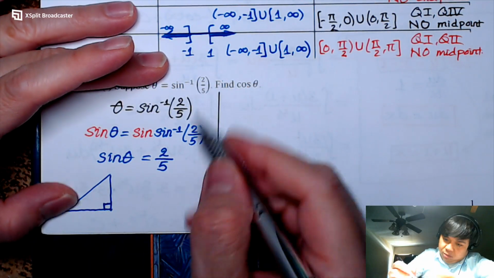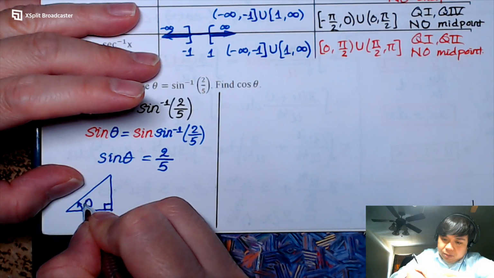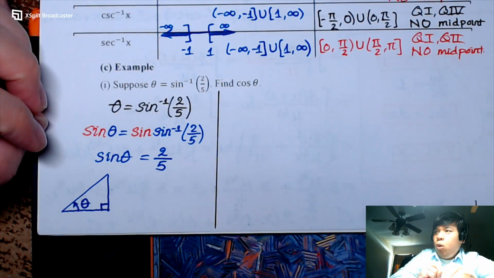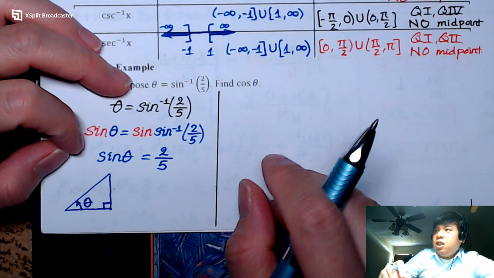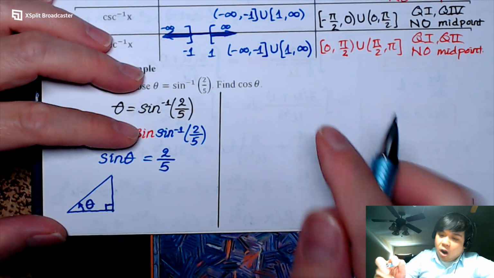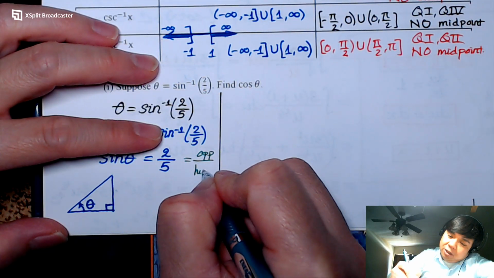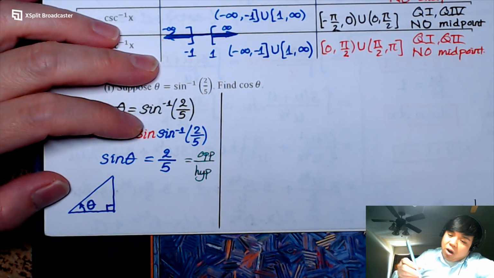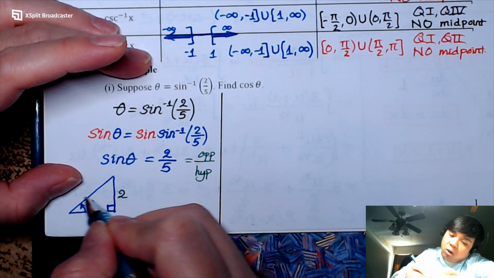Now this trick we will see again a few more times. Okay, what is the ratio for sine? Ratio for sine is opposite over hypotenuse. So in this triangle, opposite is going to be 2 and hypotenuse is 5.